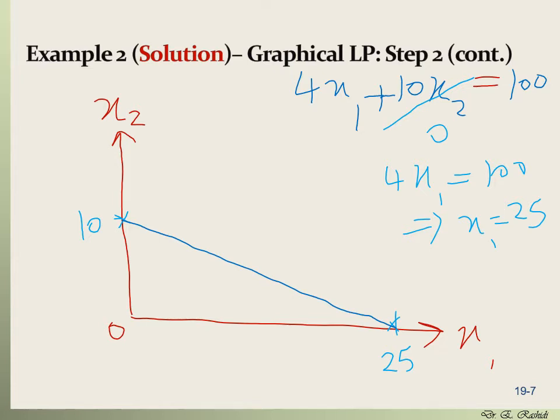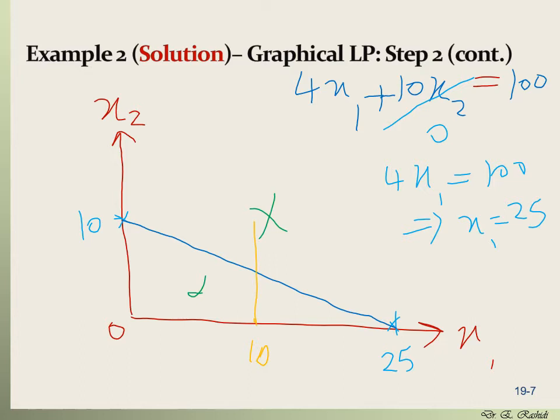All right. The next step is to see which side is the feasible side for this constraint, here or here. To do that, I'm going to find a point in one of these sides, for example this side. Suppose this is 10.